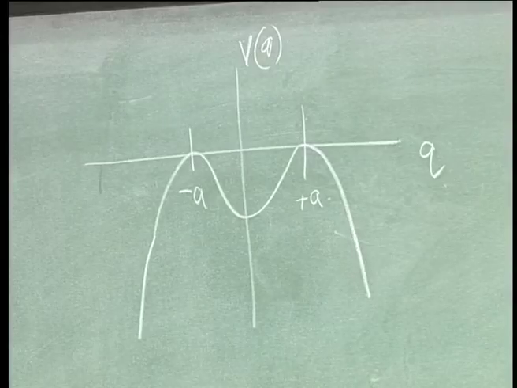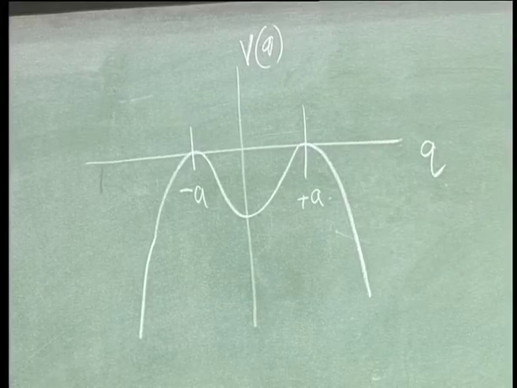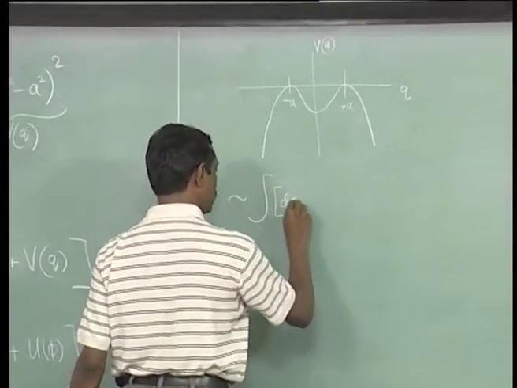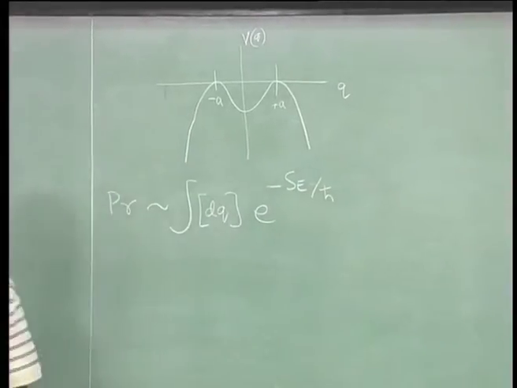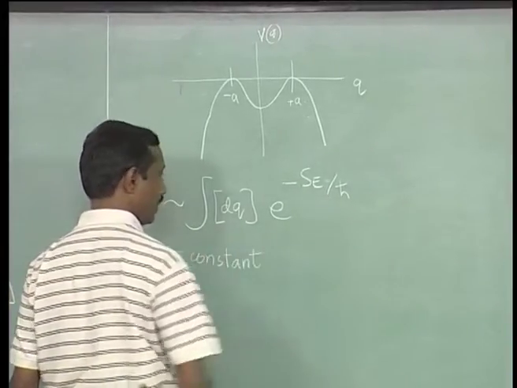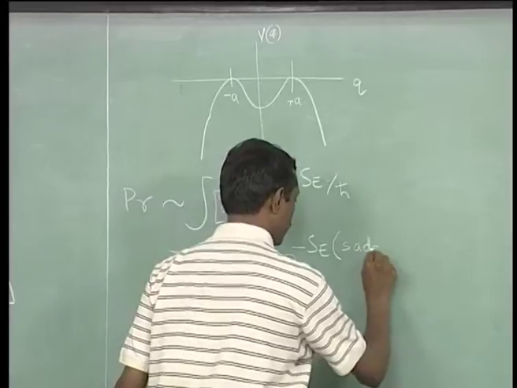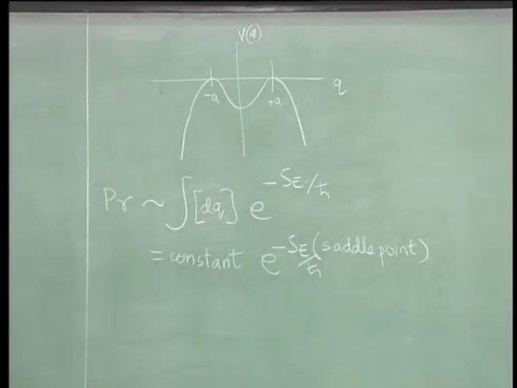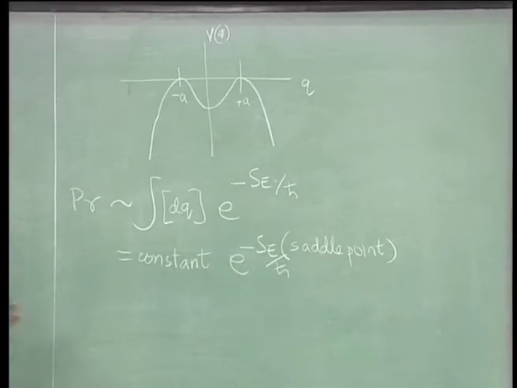Now the idea is to evaluate the probability, up to some normalization constant, which would be the integral over dq of e to the power minus S Euclidean by h bar, and the leading term will be some constant times e to the power minus S Euclidean evaluated at the saddle point by h bar. Now if you have many saddle points, in principle you should sum over all of them, but I am going to act as if there is just one saddle point.